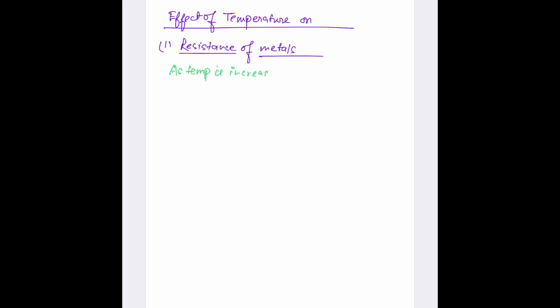Metals have a large number of free electrons in them, and as the temperature is increased, definitely the thermal velocity of these electrons will increase. As we know, this thermal velocity is in random directions, so it doesn't contribute to net flow of charge, and the current due to thermal velocity is 0.